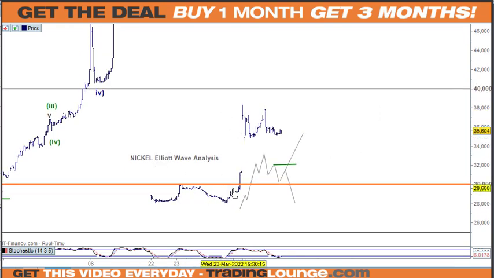Okay, so nickel gave a nice little move up. We were looking at this as 1 and 2 and 3 here. So now we'll need to look at all of this as a bit of an impulse wave. So this green line here, we're going to put that here at the moment.